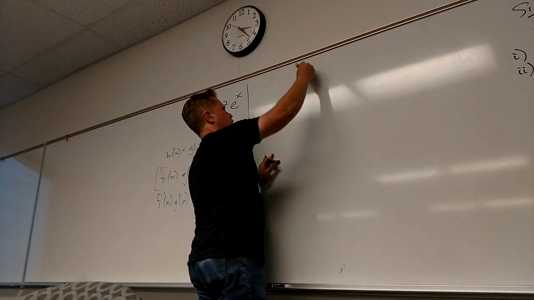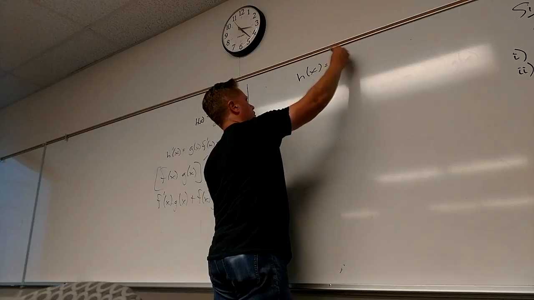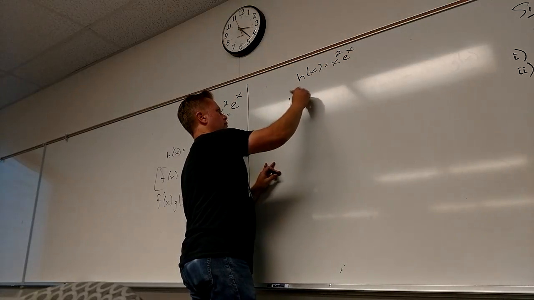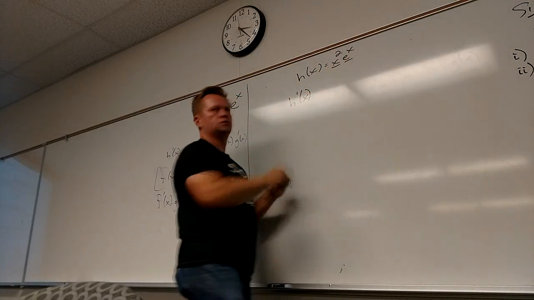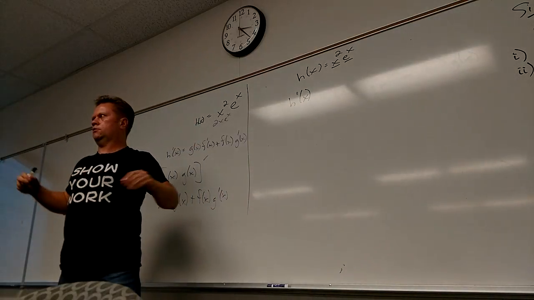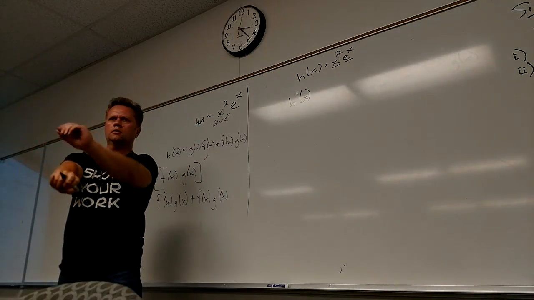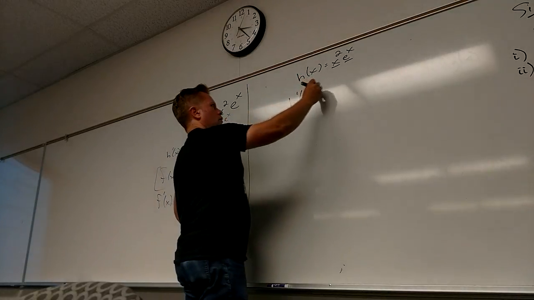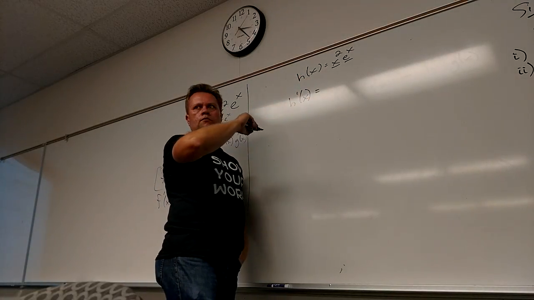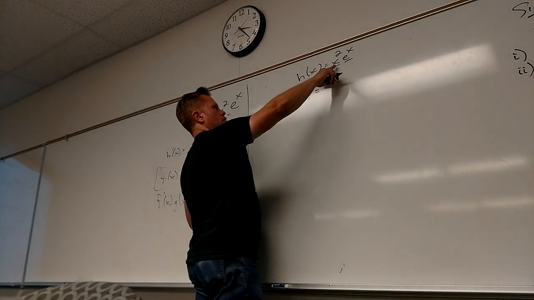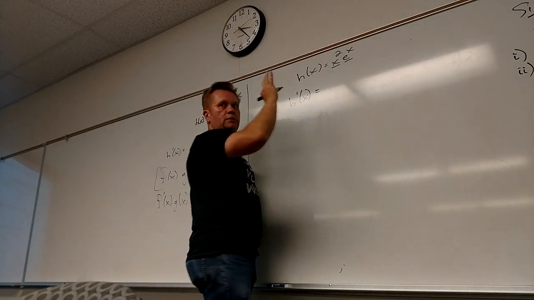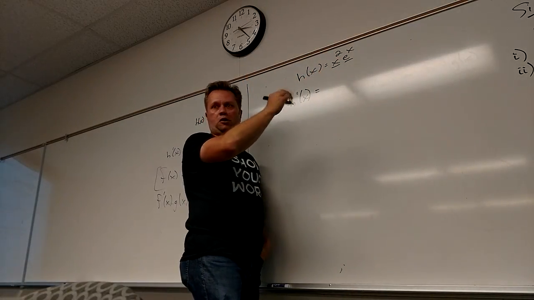So if I have h of x equals x squared e to the x. h prime of x, so here's my two functions, right? Here's what I mean by write the rule until you're more comfortable.